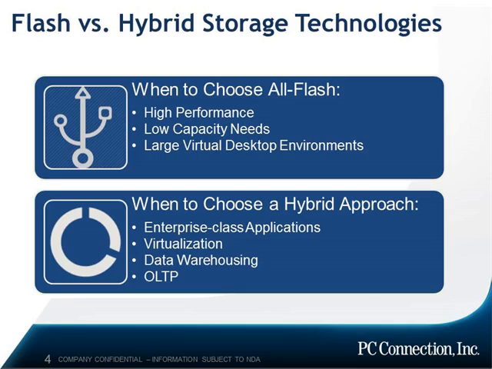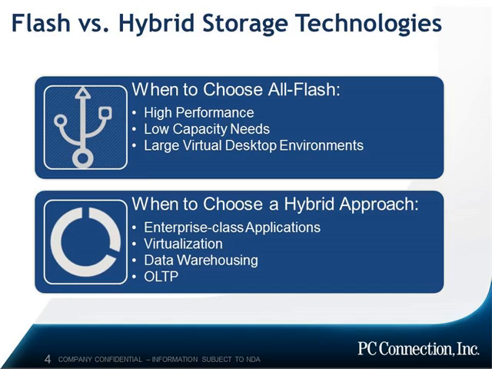With all flash, we get extremely high performance, but also low capacity, and the price tends to be higher because flash is the highest priced storage out there today. With spinning disk, we can get the greatest capacities at the lowest cost, but sometimes we sacrifice performance. If we weave these two together in a solution, we can get the best of both worlds: high performance, high capacity, and low cost.